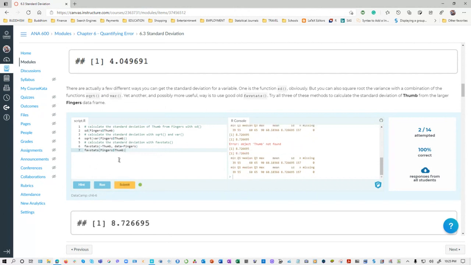Yes, see, it's both. So you can go to the thumb SD. Then you can find the variance of the fingers data, thumb length, and take the square root.